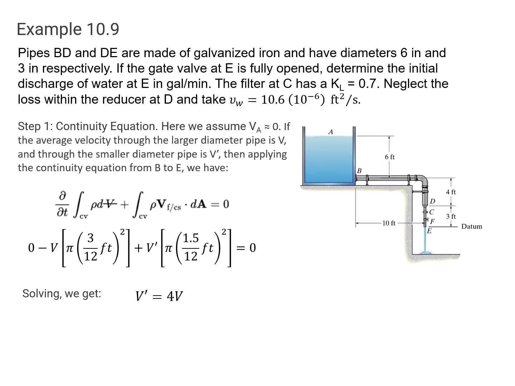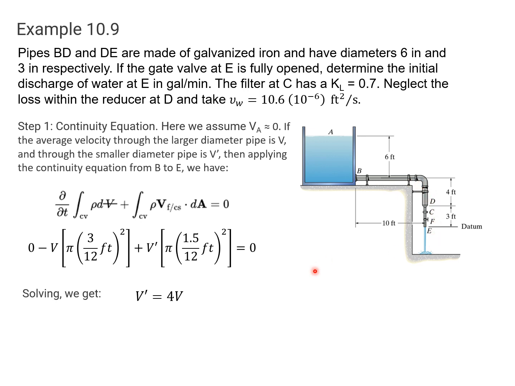So let's look at example 10.9. Here we have pipes BD and DE made of galvanized iron with diameters of 6 inches and 3 inches respectively. So B to D is 6 inches, and D to E is 3 inches.